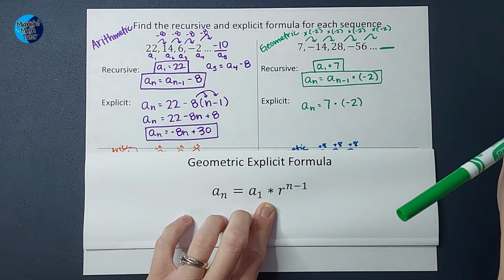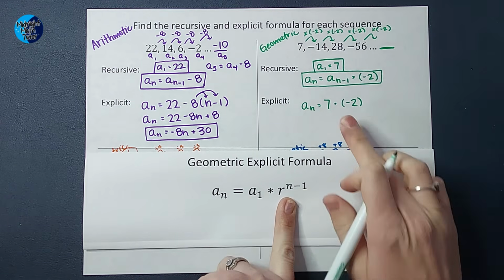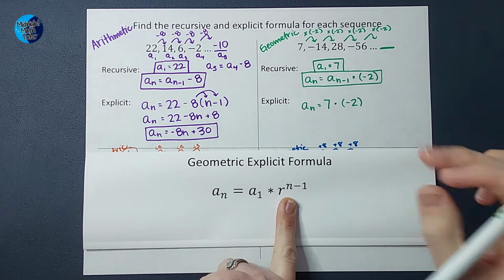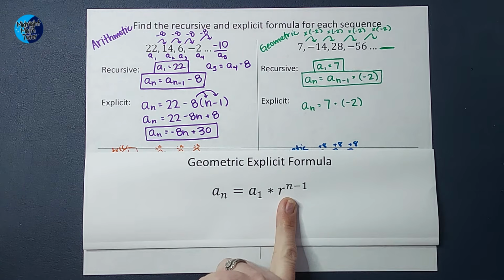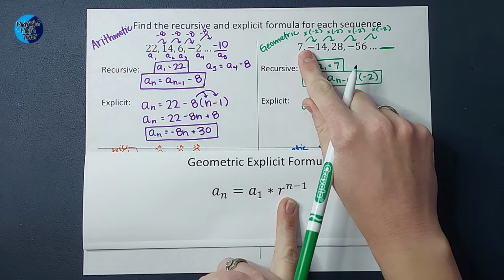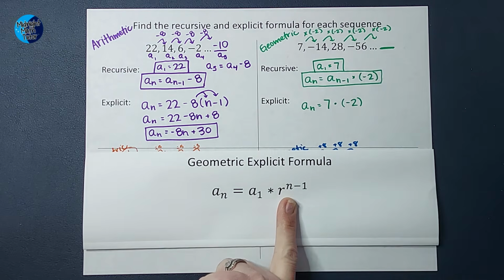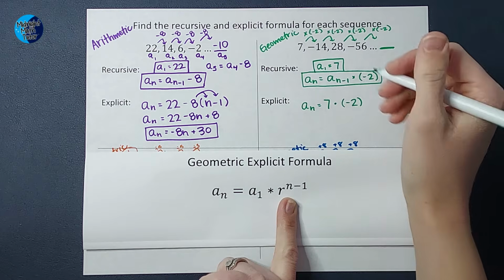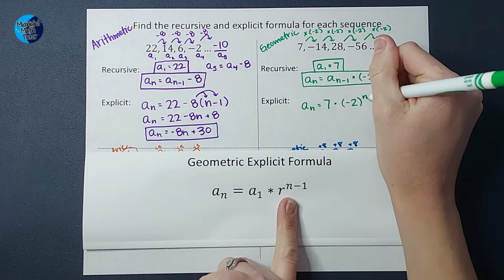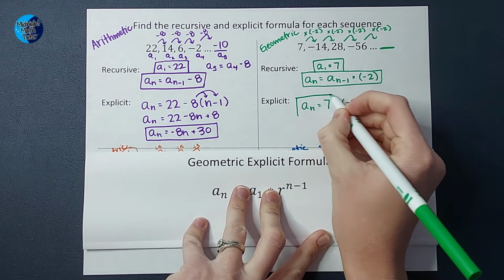But what about all the rest of them? Well, that is where this power comes in. We are going to multiply by this how many times? Again, when I want to find the 5th one, how many times do I multiply? I multiply 1, 2, 3, 4 times. Again, I multiply 1 less than the place I want to find. So that's where the n minus 1 comes in. Does that make sense?